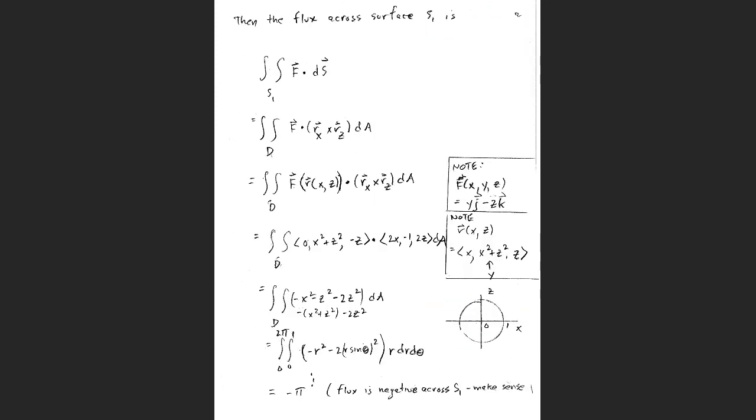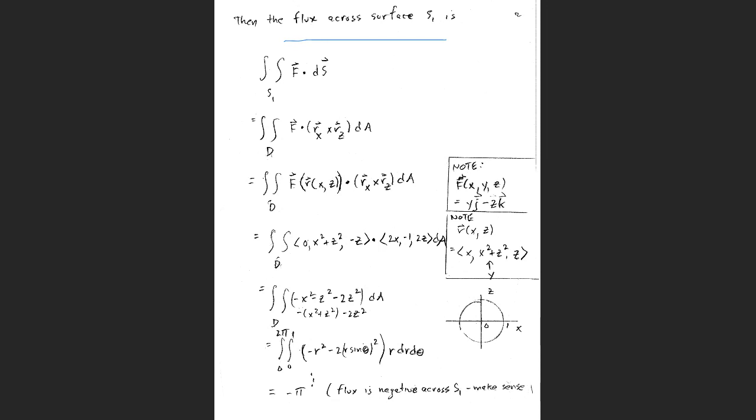Let's get this flux. So the flux across surface S1, and Charles is saying flux of a magnetic field across a gantry. I'm sure some of you have more experience than I do in seeing applications. I just want you to feel comfortable with the math.